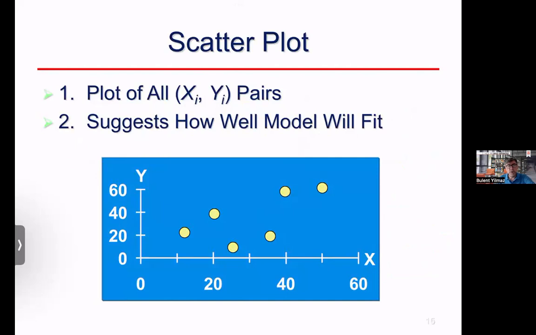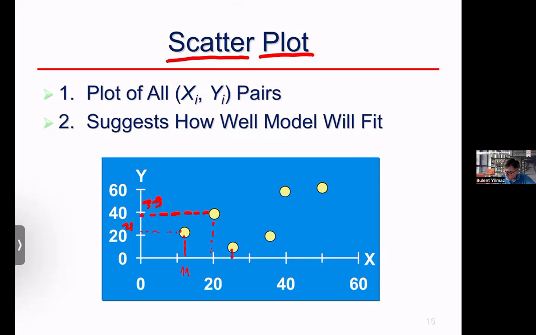As I said, we first start everything with a scatter plot. Now I want you to open your Excel and come up with some numbers which might be similar to this one. For example, this is 11 versus 21. This is 20 versus 39.